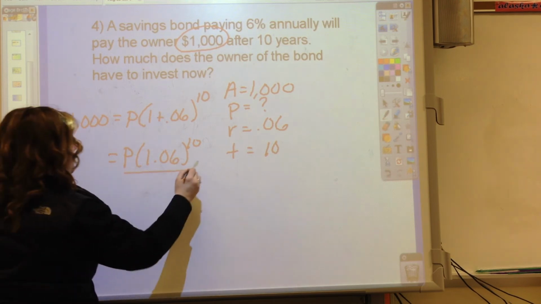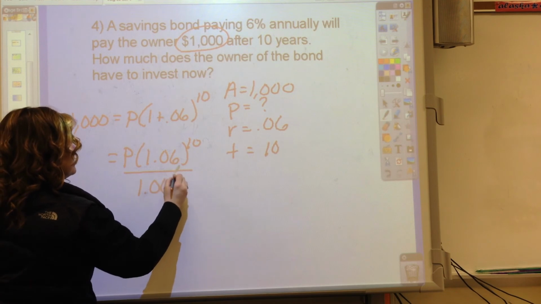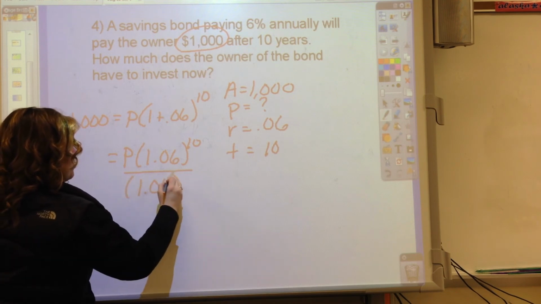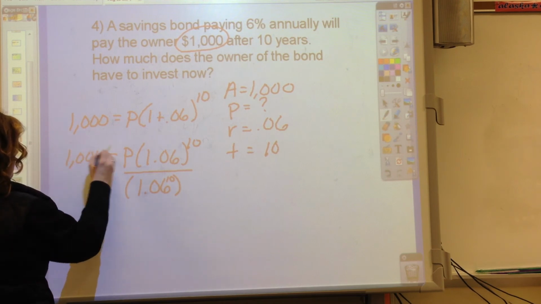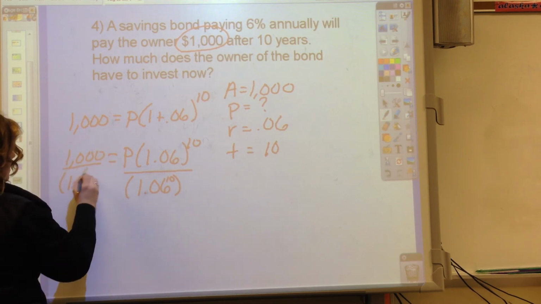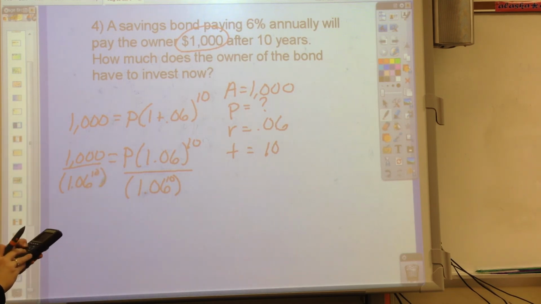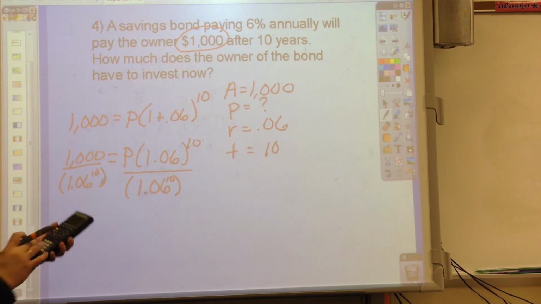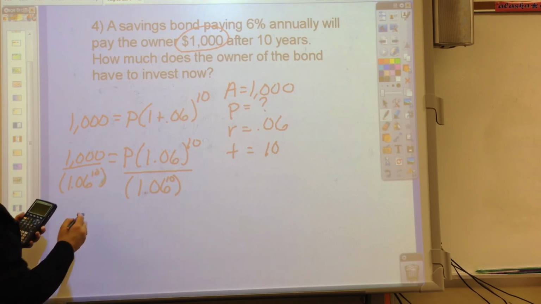Since your calculator probably won't show you either, let's go ahead and just simply divide both sides of the equation by this value right here. So on your calculator, go ahead and do 1,000 divided by, put your parentheses, 1.06 to the power of 10, close your parentheses and hit enter.